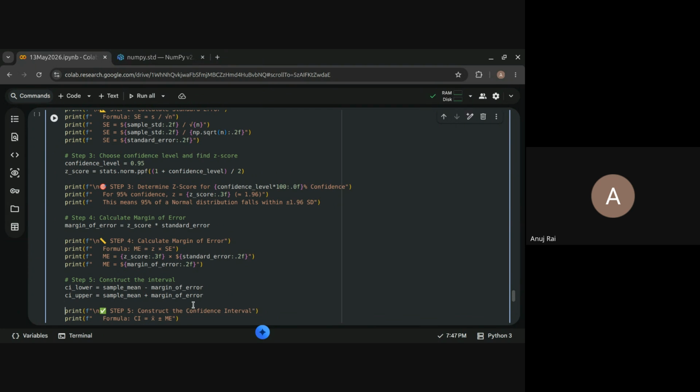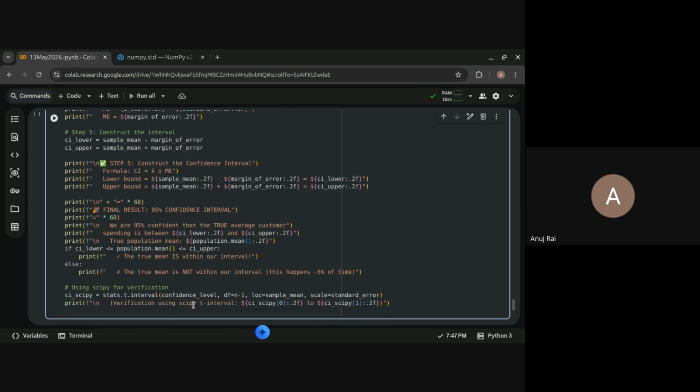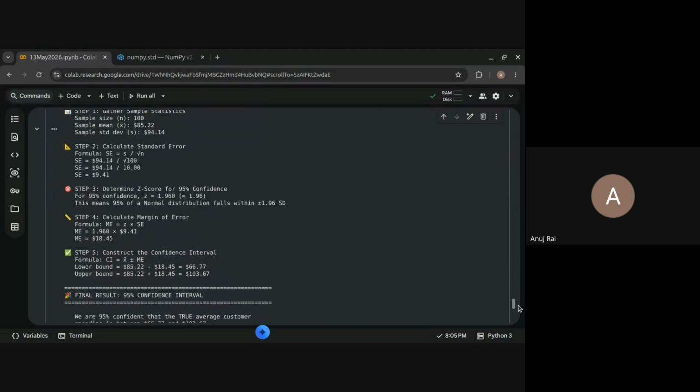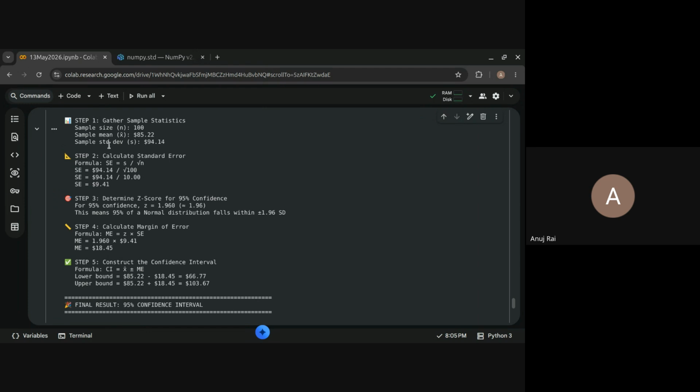In this way, you get the confidence interval range for the given confidence percentage. Step by step, what we have done is shown over here.